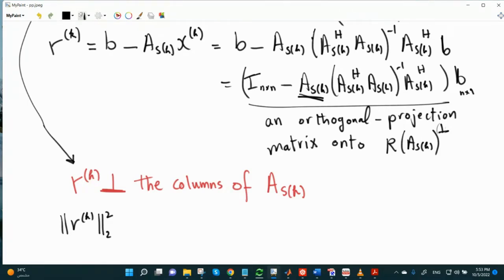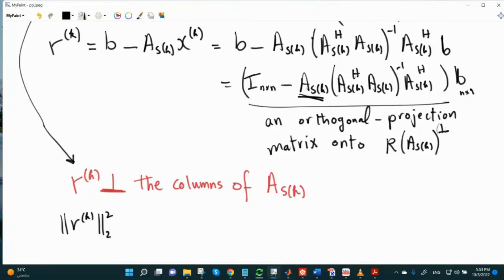This is a quantity that we wish to decay to 0 if vector b is in the range of matrix A. So this is the quantity that we will track and make sure that it decreases with iterations, and perhaps to 0 again if b can be perfectly expressed as a linear combination of some columns in matrix A.